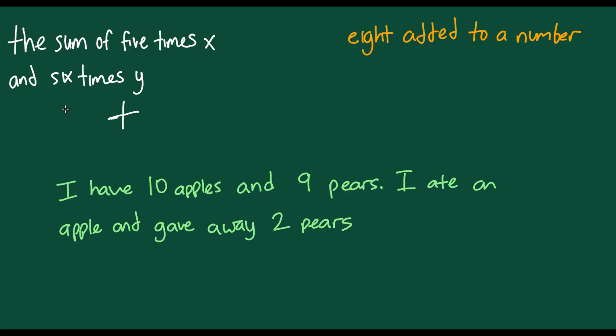Well, 5 is a number, and x is a variable, so the notation in math is just to write the number right by x. 5x, plus 6y. Here we go. So this is the mathematical representation of this English phrase right here.